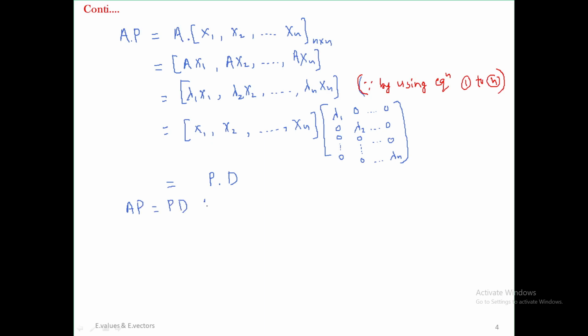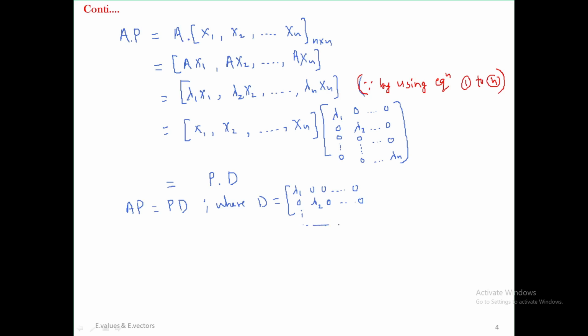Where D is a diagonal matrix with lambda 1, 0, 0, up to 0 in the first row, and similarly the second row 0, lambda 2, and all other entries zeros, and so on.